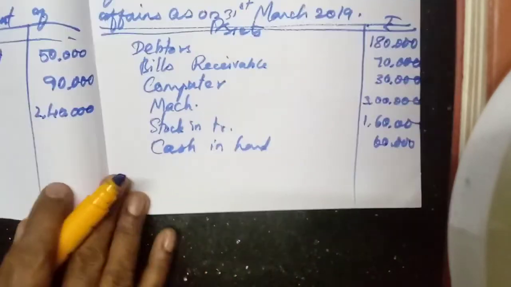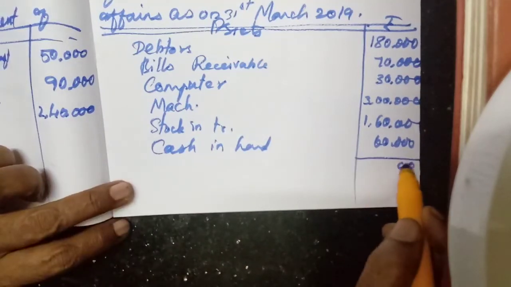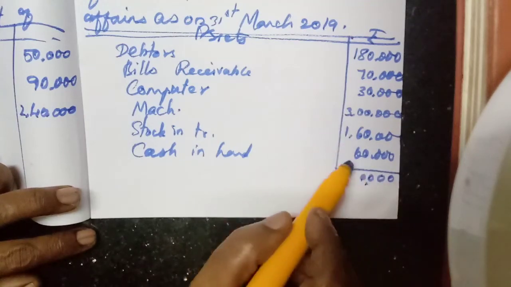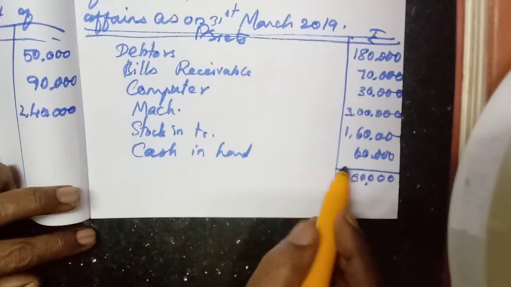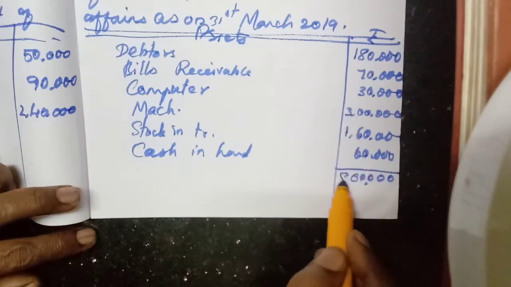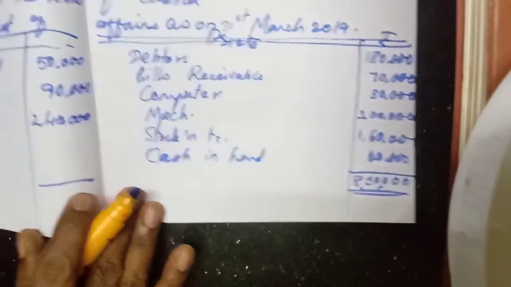So we should total it. 0, 0, 0, 4, 0. Then 12, 15, 22, 30. Balance 3. 3 plus 1, 4, 7, 8. 8 lakh. Write the same thing here. 8 lakh.